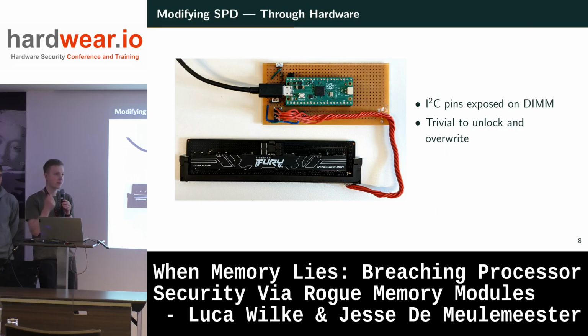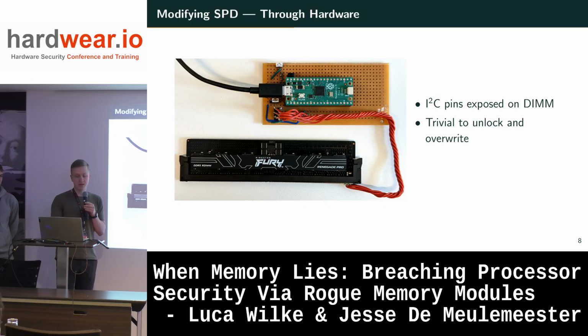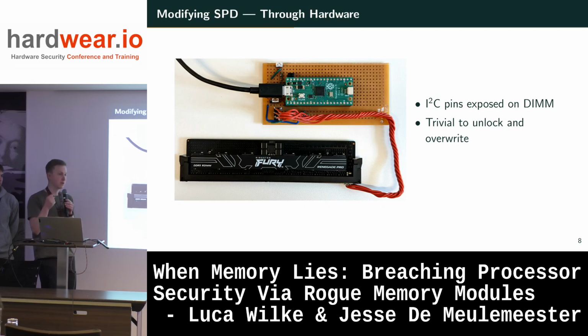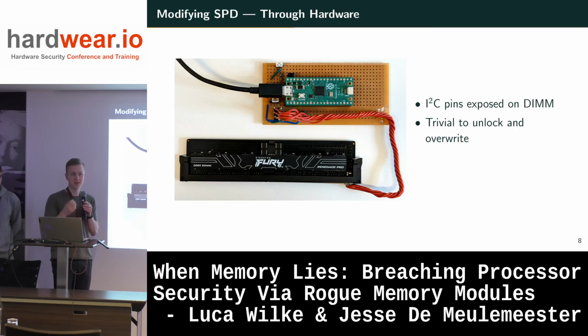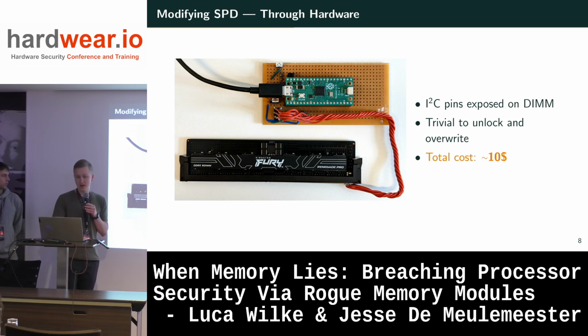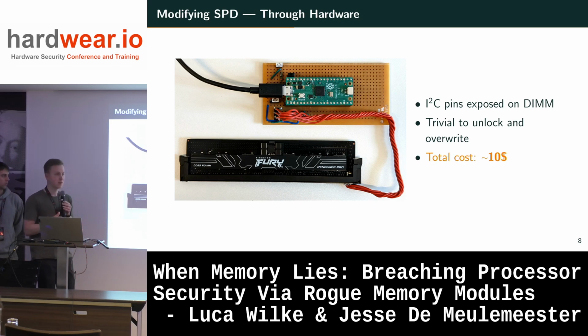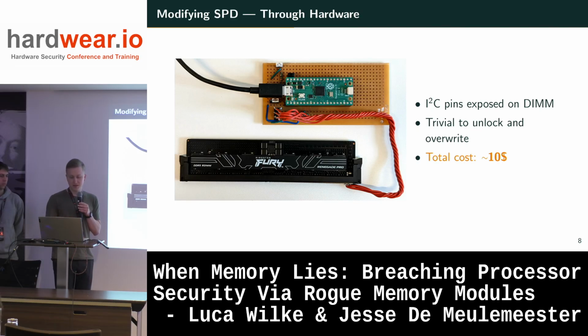So it's basically a lock bit that you can unset, and then you can just manipulate the data without any integrity protection. And the cool thing here is that you only need to do this once, and then you can send the DIMM to the data center, so you don't need to be physically present or manipulate something inside the server cage. And total cost is quite low. It's about $10, so it's not a really advanced attack in that sense.